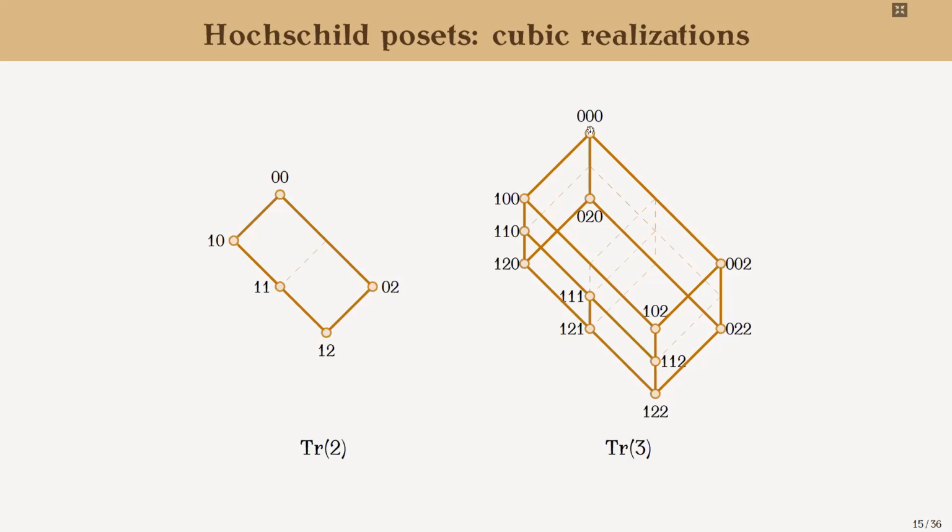So here, for instance, 0, 0, 0 gives me the origin in 3D, and the greater element is here, 1, 2, 2. So we have the smaller element here and the greater element here, always going from the top to the bottom. And the comparison between two triwords is very simple because it simply looks letter by letter between two triwords.